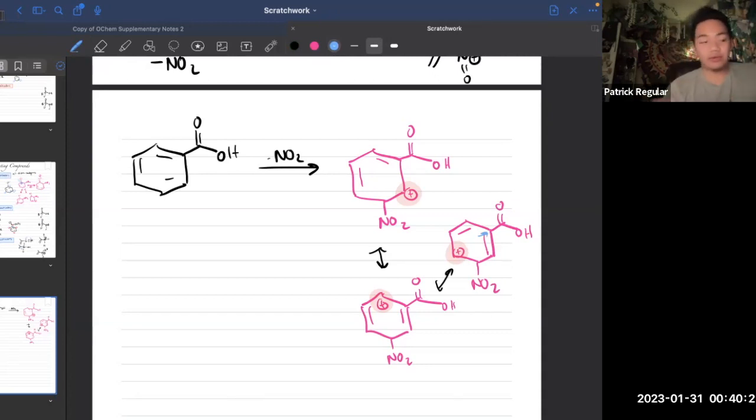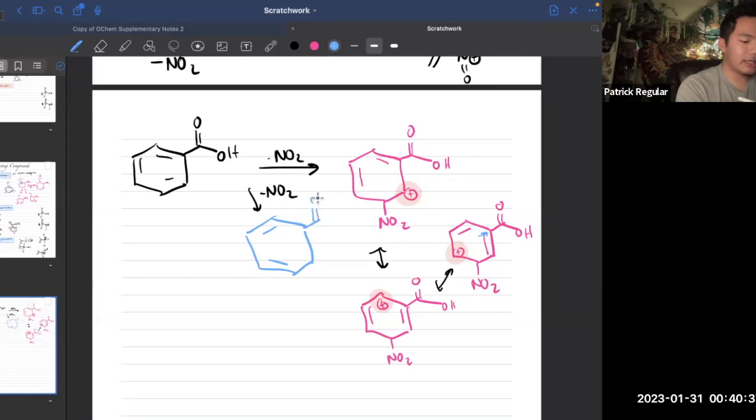If I were to, for example, follow the ortho-para directing group, let's make a different hypothetical branch over here, NO2. Let's do benzoic acid again, OH. And I put a nitro group, that's ortho. Positive charge here. Let's draw the resonance structures.